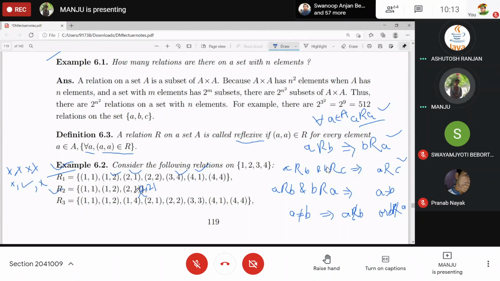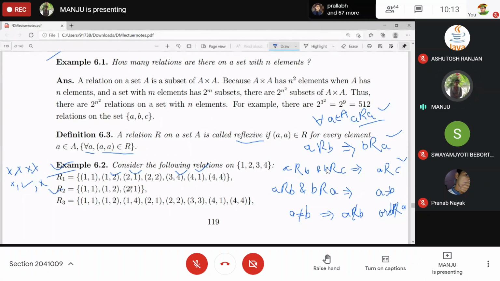Ma'am, we would check both sides. See, for any A, B, C, if you consider A as 2, B as 1, C is again 2. If we consider A as 1, B as 2, and C as 1, then 1, 1 belongs to this one.